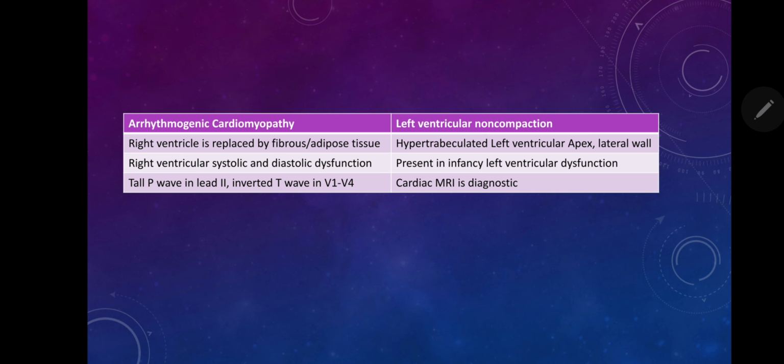Now the last two types of cardiomyopathies. First is arrhythmogenic cardiomyopathy. It is very rare. It is mainly a pathology of the right ventricle.